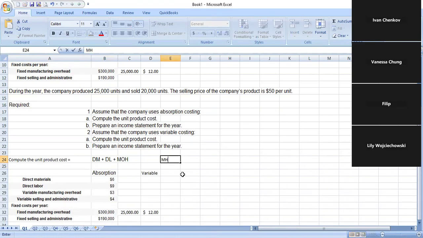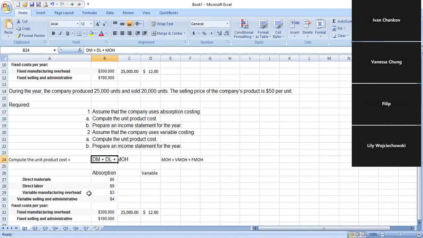Manufacturing overhead is equal to the variable manufacturing overhead plus the fixed manufacturing overhead. But in reality, the total is manufacturing overhead, which is part of the product cost.